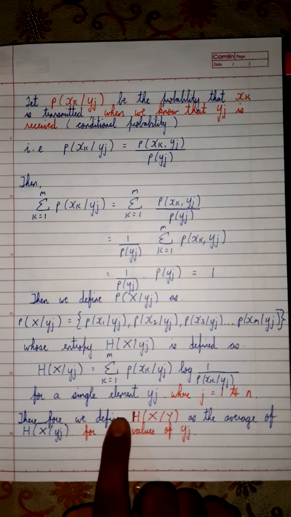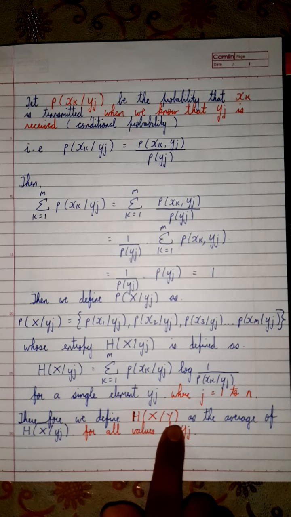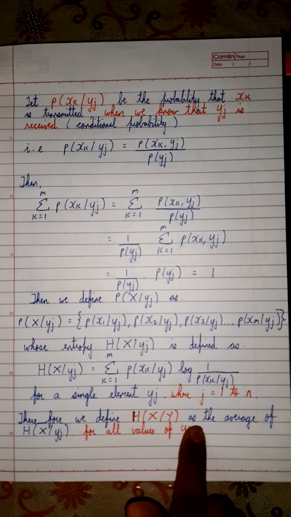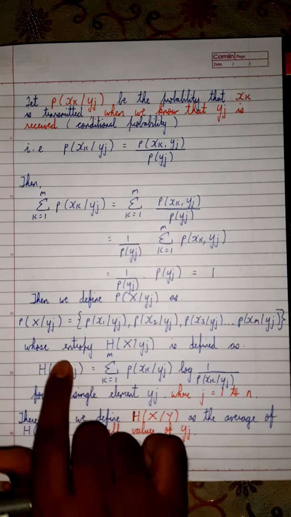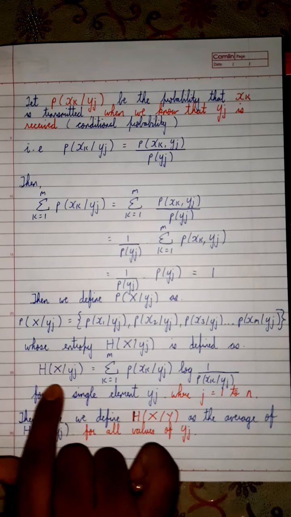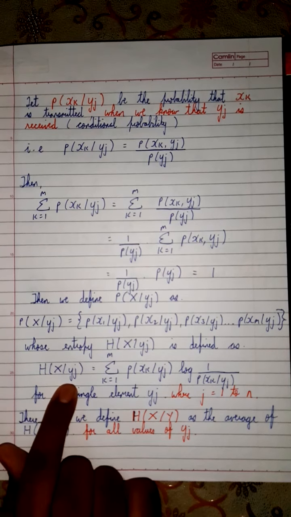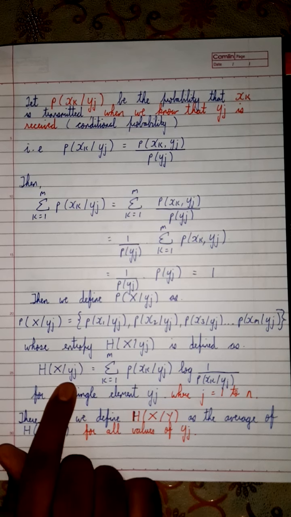Therefore, we define h of x by y, capital letter X by capital letter Y, as the average of this entropy. Because this entropy is defined only for a single received symbol yj, right?